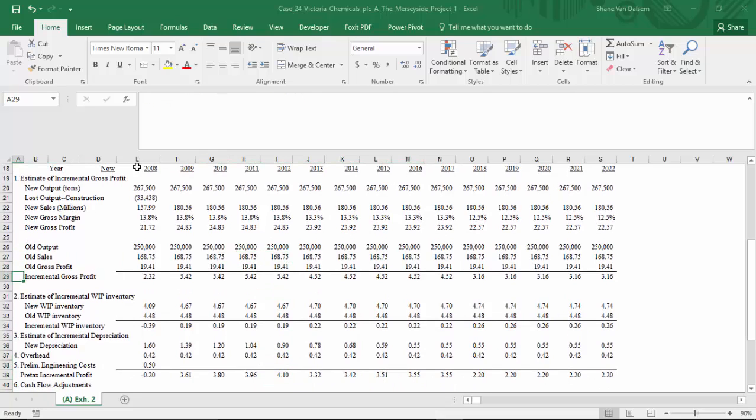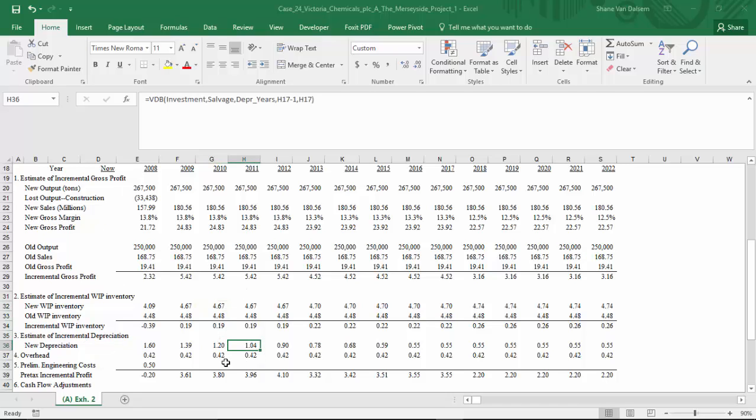WIP inventory is work in progress or work in process inventory. Again, as we increase our output, the amount of inventory we need to have is also going to increase. So that's a cash flow, an increase, a use of cash, if you will, for the project.